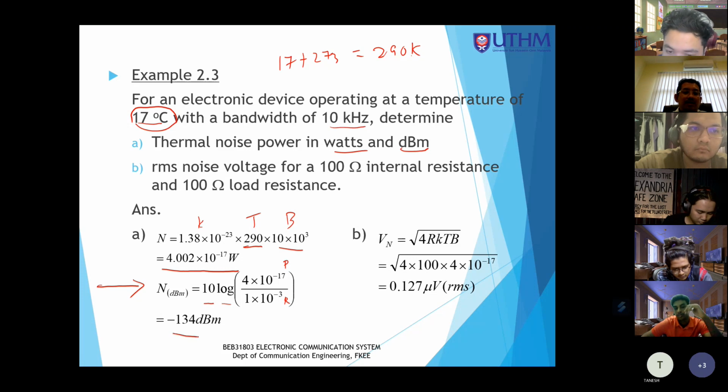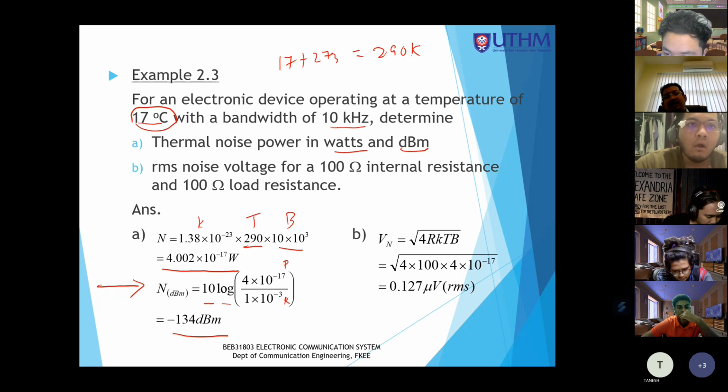So we get the answer is minus 134 dBm, dB milliwatt. Okay, so the idea untuk pembahagian kepada reference value ini adalah kita ingin menjadikan semua dalam kotak ini adalah dalam sebutan milliwatt. Okay, and then barulah kita tukar kepada dBm.